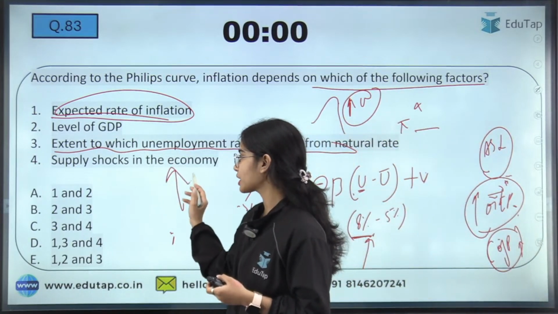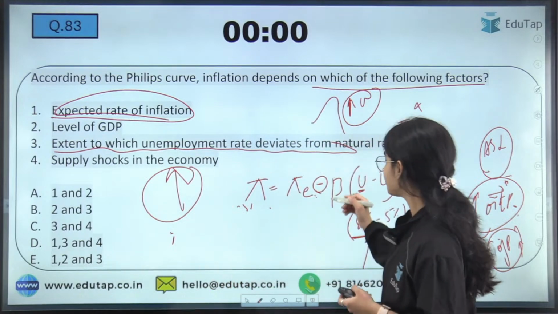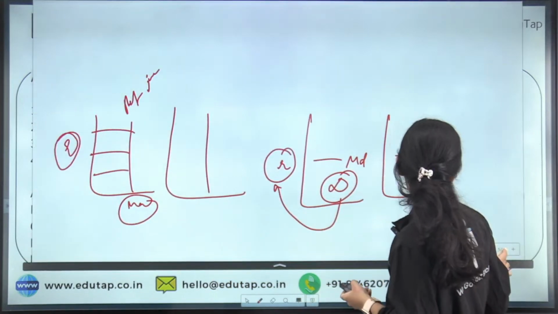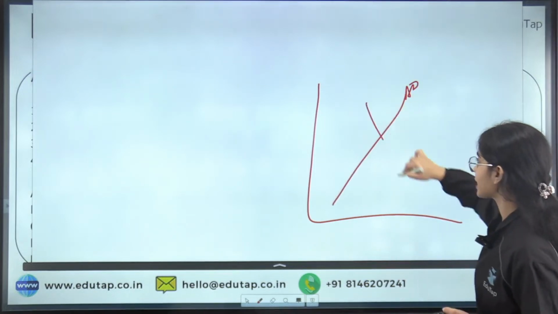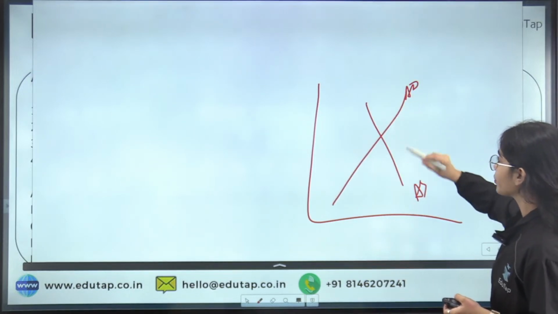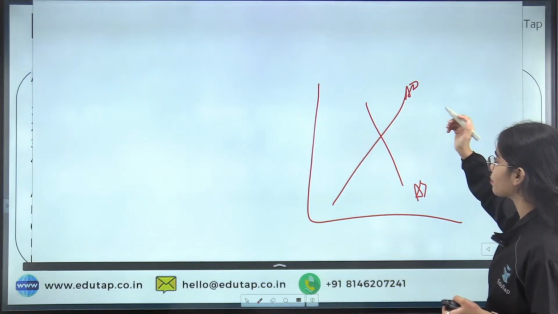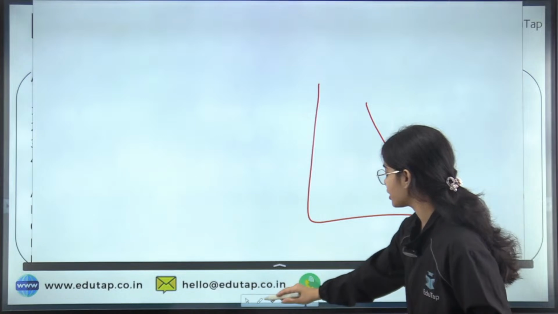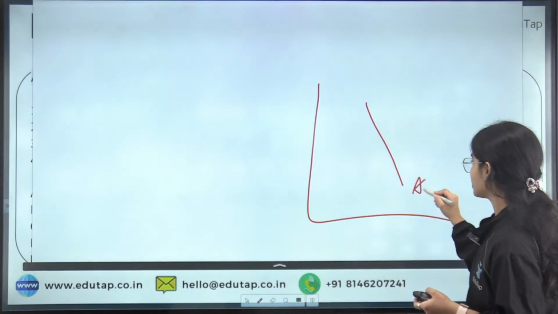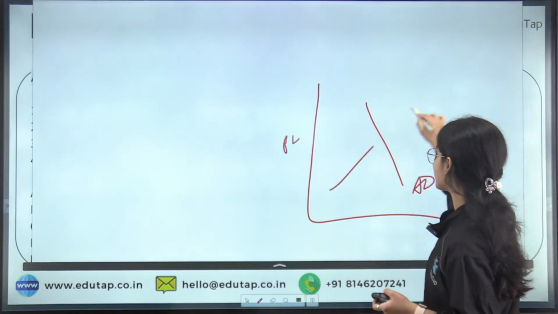If there is a supply shock coming in the economy, what will happen? This is aggregate demand, which is downward sloping with the price level, and this is your aggregate supply.